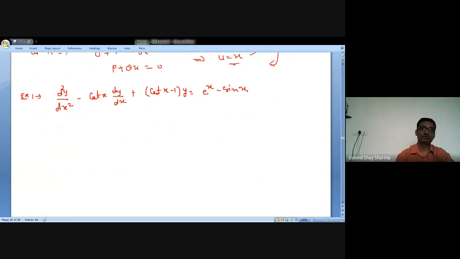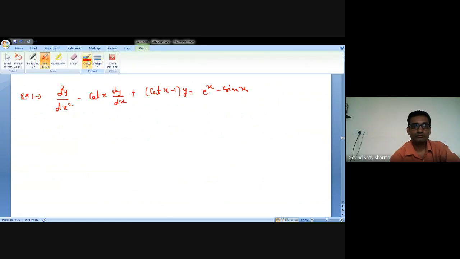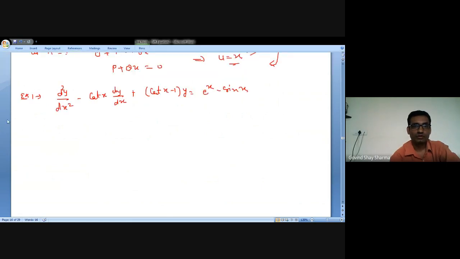Okay, now the solution. Here we see that p is equal to minus cot x, and q is equal to cot x minus 1.